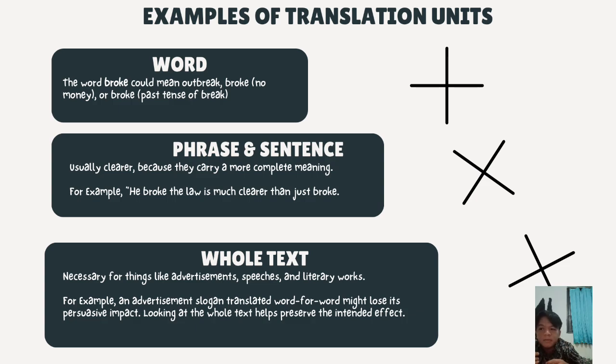The third is the whole text, necessary for things like advertisements, speeches, and literary works. For example, an advertisement slogan translated word for word might lose its persuasive impact. Looking at the whole text helps preserve the intended effect when it is translated from L1 to L2.